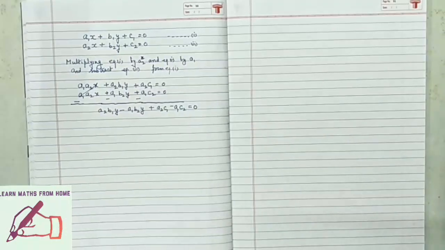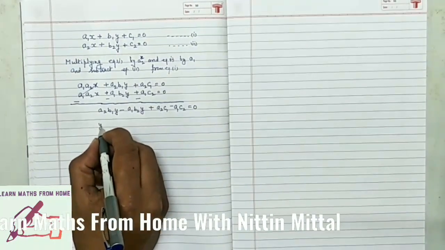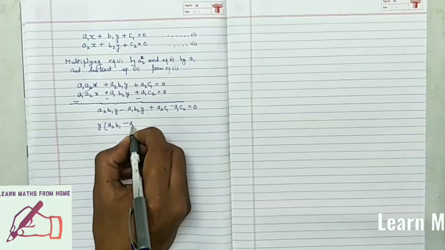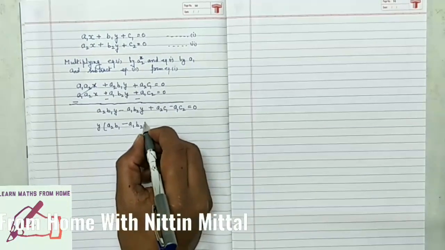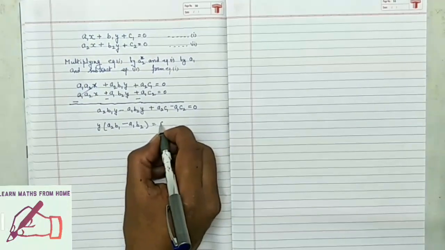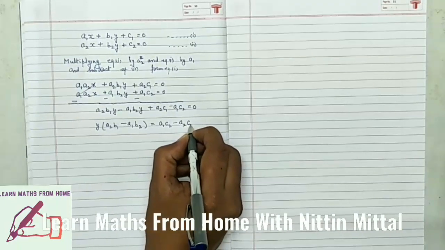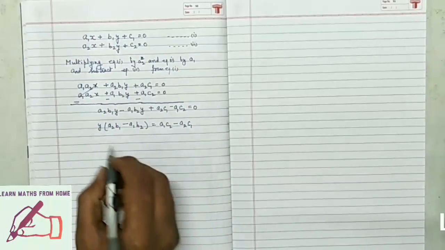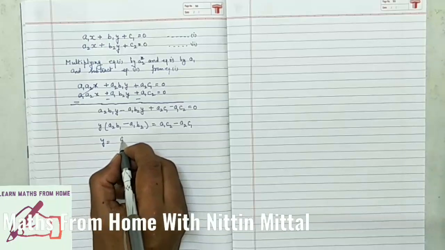Now we will take the constant terms on the other side, and from these two we can take y common. So we will get a2b1 minus a1b2, and the minus term will go that side, a1c2 will become positive and a2c1 will become negative. Now here it is multiplied, on the other side it will divide.